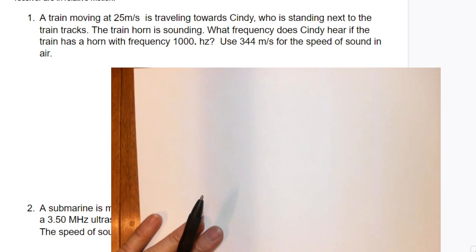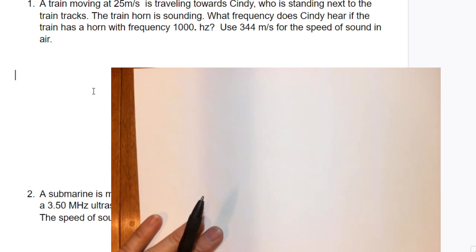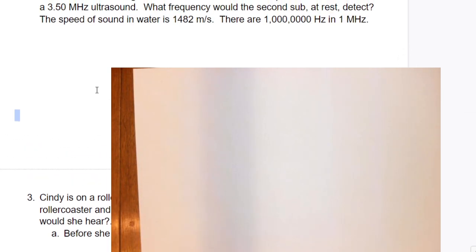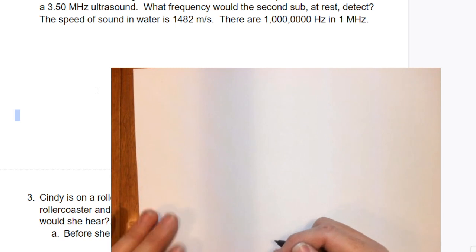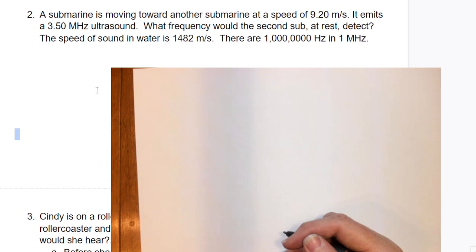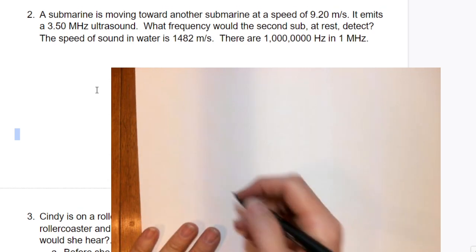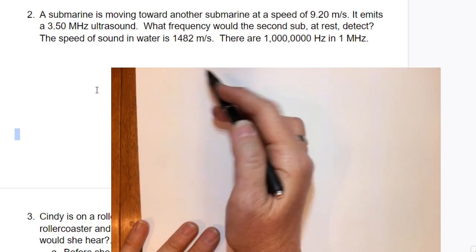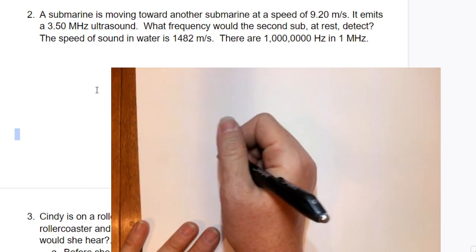Okay, problem number 2. A submarine is moving toward another submarine at a speed of 9.20 meters per second.